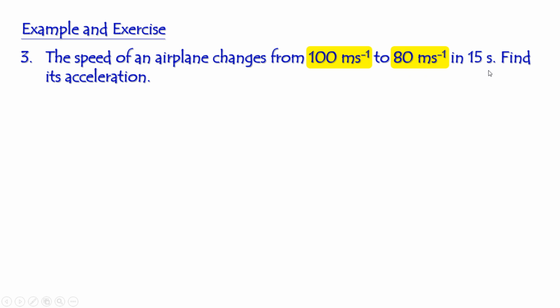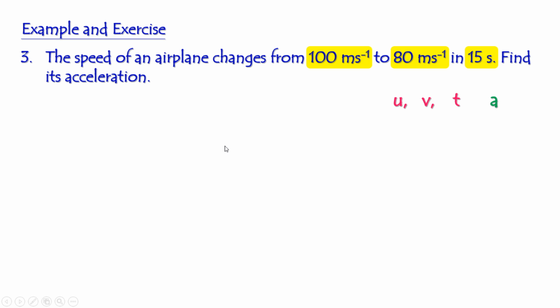In 15 seconds, it should be the time taken. So you have the initial speed, the final speed, and the time taken, right? Then can you find out the acceleration of the airplane? You have to find the value of a.